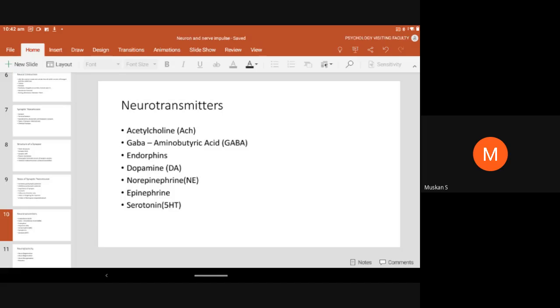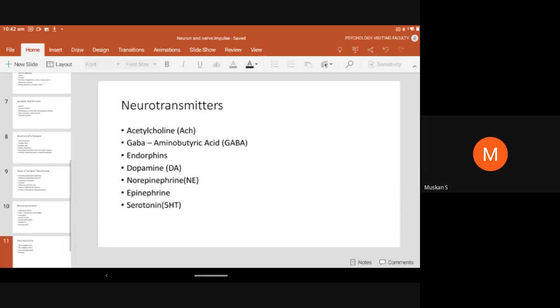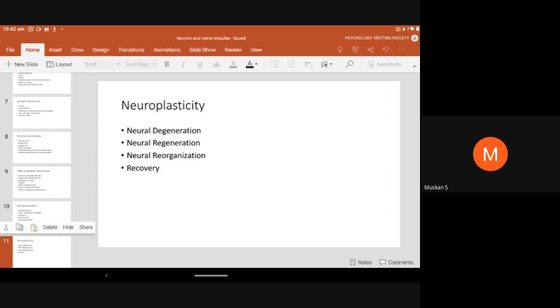Now, the next slide is about neuroplasticity. It has some parts like neural degeneration, neural regeneration, neural reorganization, and recovery.